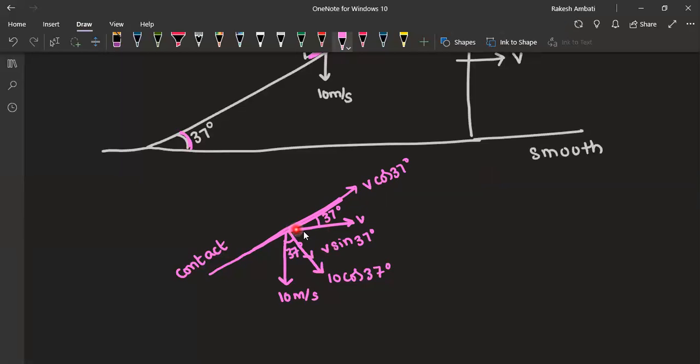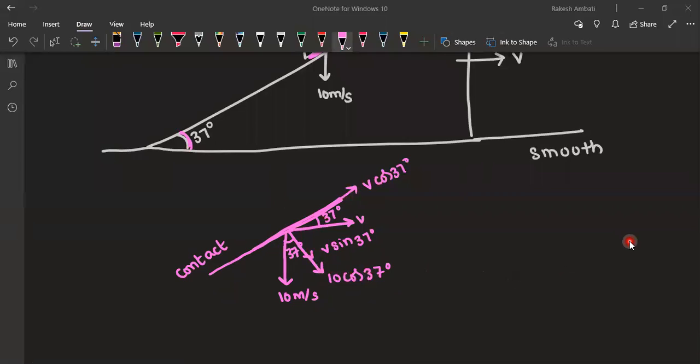So v means the velocity of the wedge. With the horizontal this angle is 37 degrees, and this angle is also 37 degrees. This velocity resolves into v cos 37 and v sin 37. Now you please explain. What is the normal constraint? In the normal direction, velocities or accelerations must be equal.